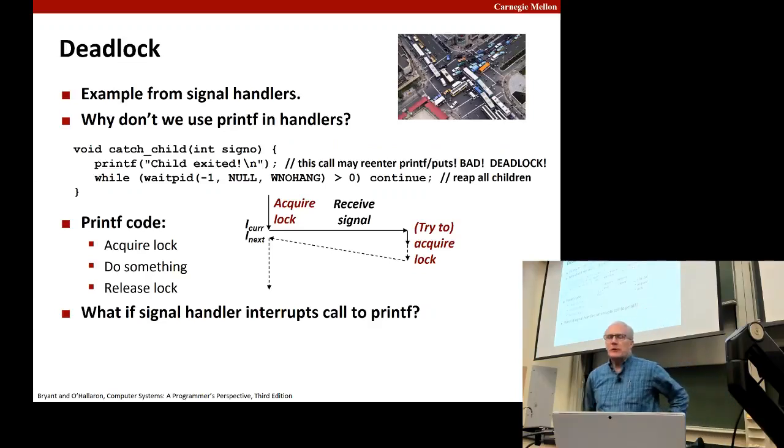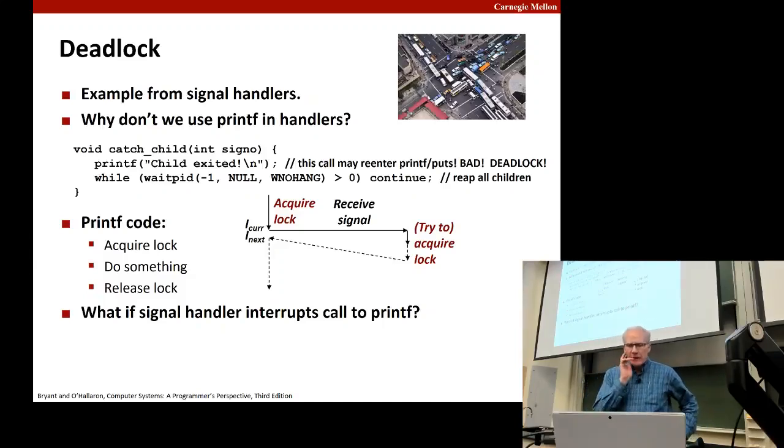And so it's actually pretty interesting. You remember we harangued you that you can't use printf in your signal handlers. And we were only able to vaguely explain why. But now that you have this idea of concurrency, it's a perfect illustration of why.